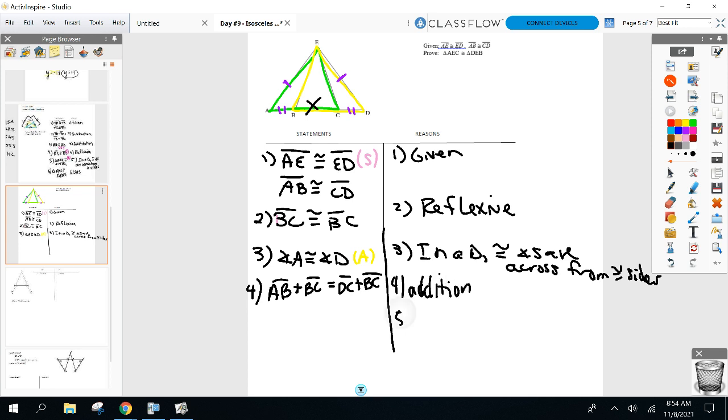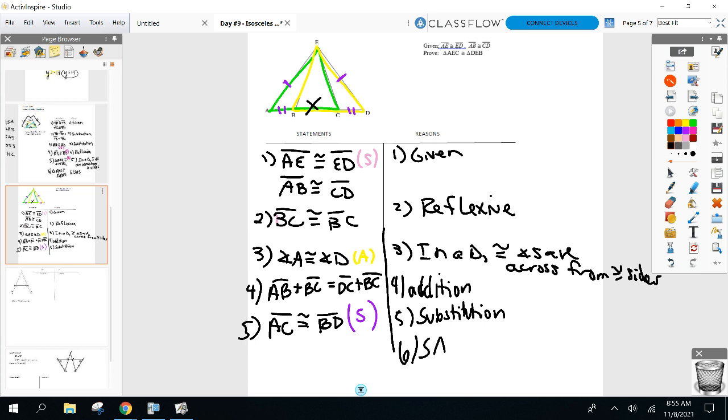And then we have our substitution, right? To say AC congruent to BD. That gives me my other side, right? And then everyone good? Side angle side? I'll just write side angle side here.